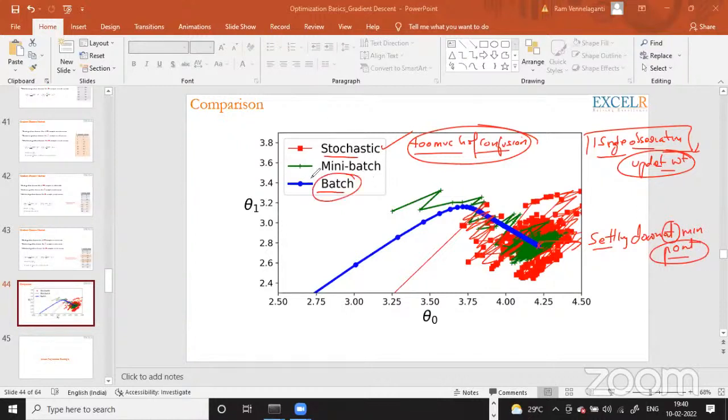What about batch gradient descent? Batch gradient descent will take longer time for convergence, or for reaching the minimum point.